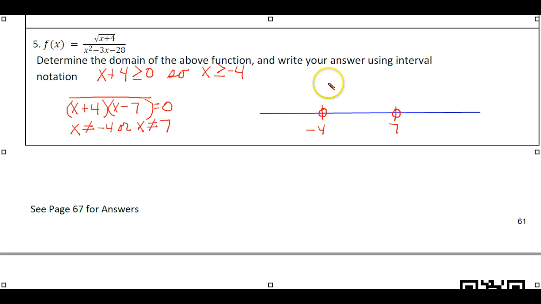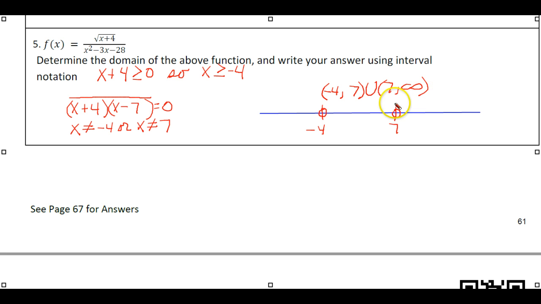So we're going to start with a parenthesis here at -4, go up to just before 7, put a parenthesis there, a union symbol, and then go from the other side of 7 up to positive infinity.